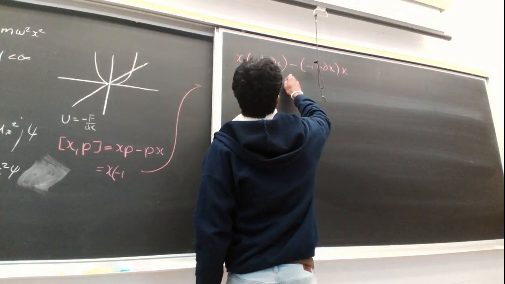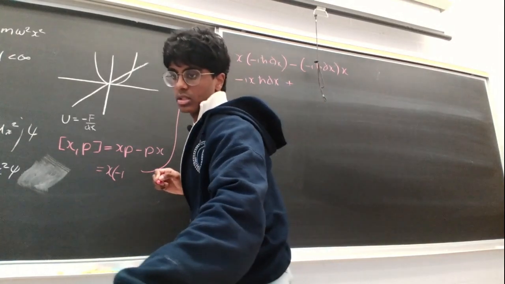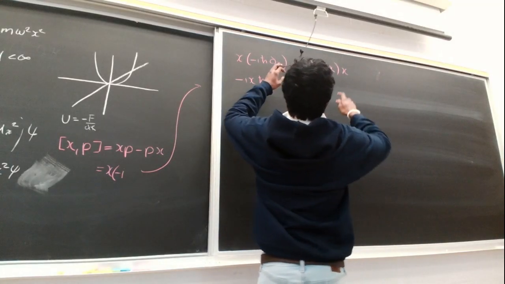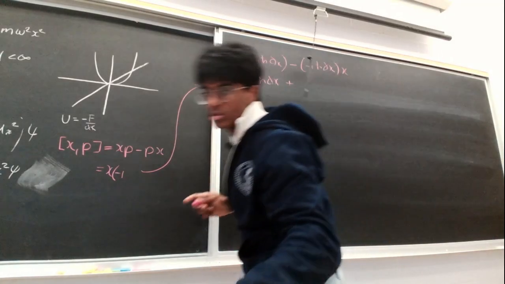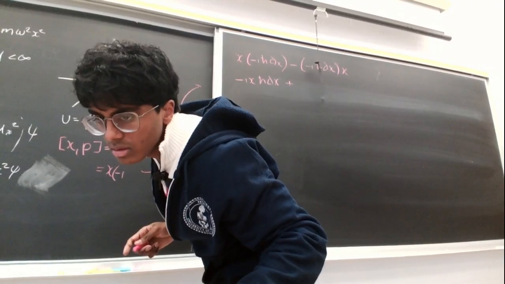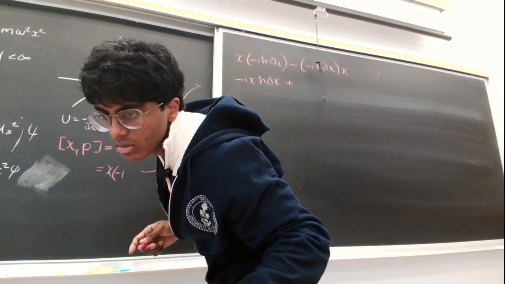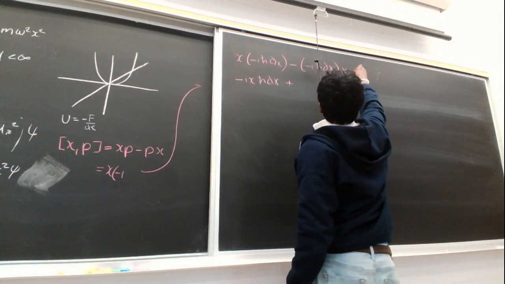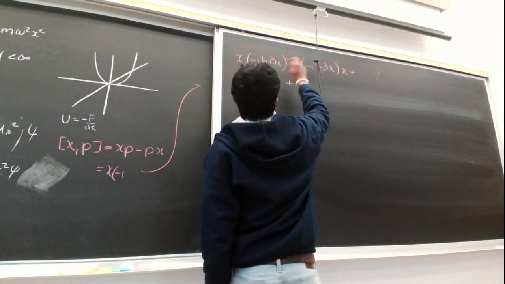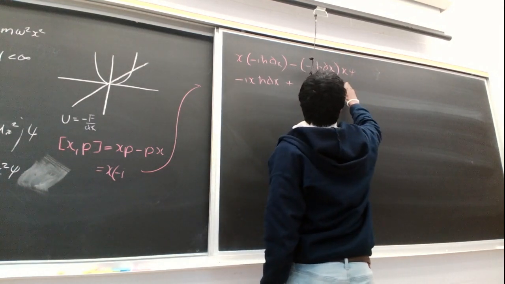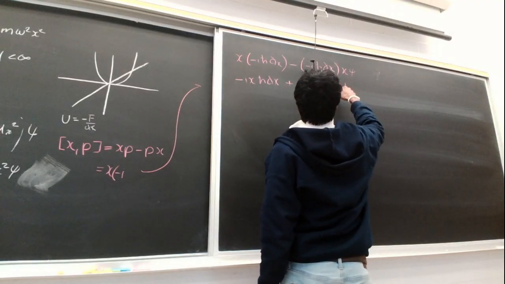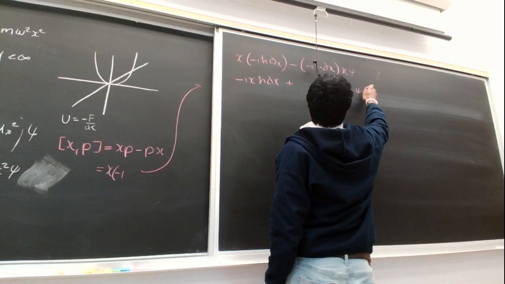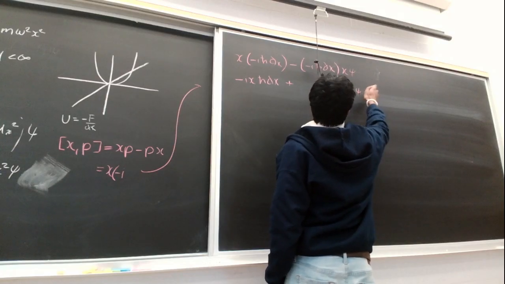And then this one here you have to differentiate. You have to differentiate x and also whatever function is here. So that would be the first derivative of this, and the derivative of x is 1, plus x, and then like that.